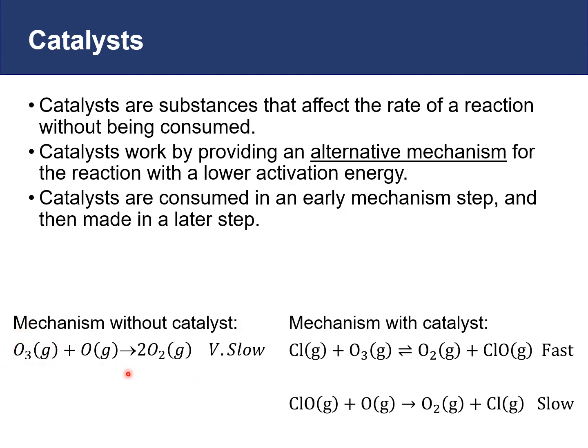Now, back in the mid to late 1970s, Rowland and Molina out in California performed a bunch of experiments looking at some of the data from satellites and determined that the ozone concentration over the Antarctic was actually reducing in size. It took several years, but they figured out that the reason was chlorofluorocarbons, CFCs.